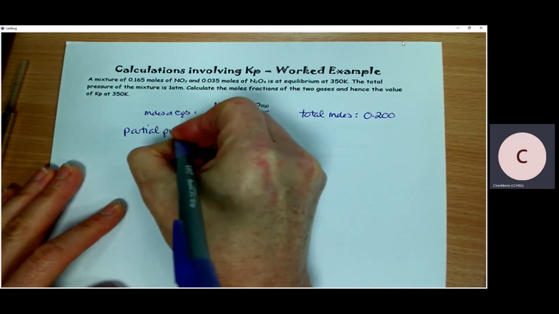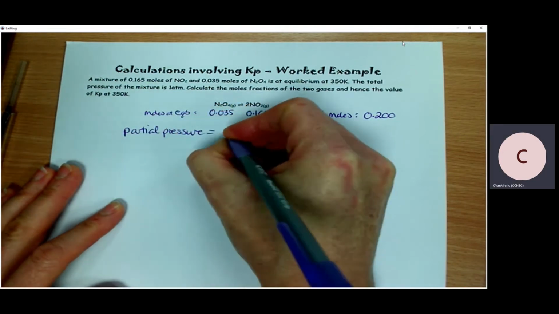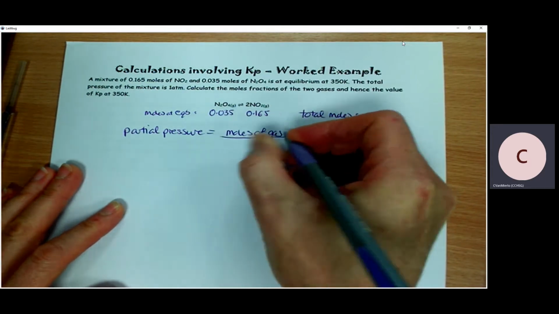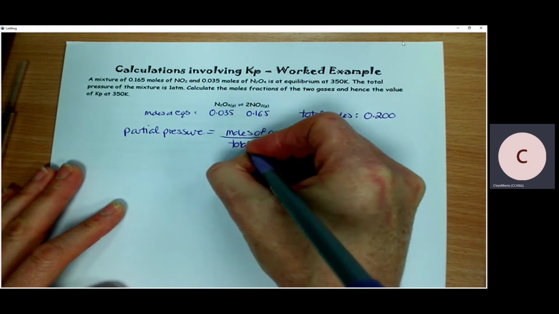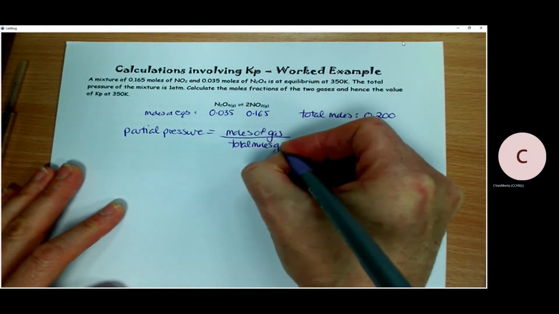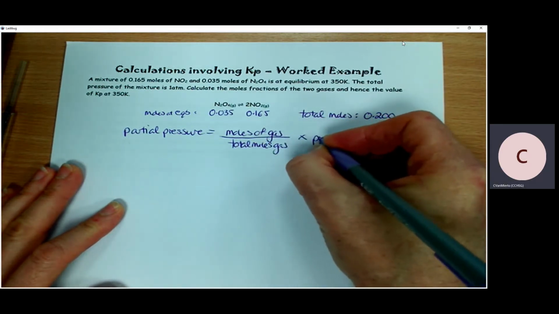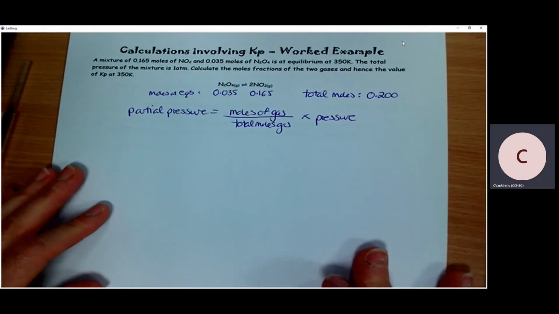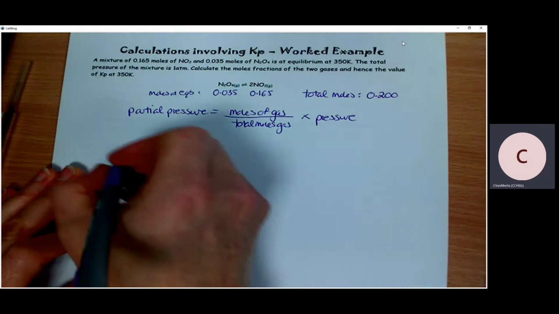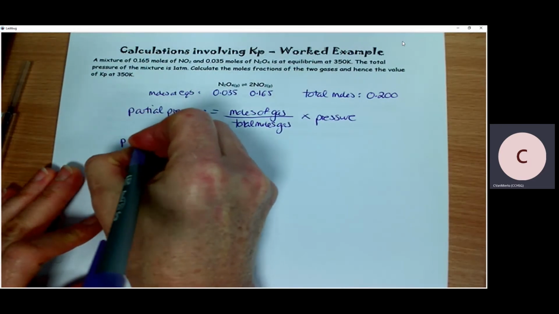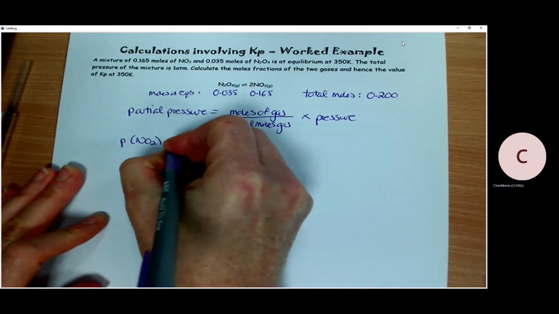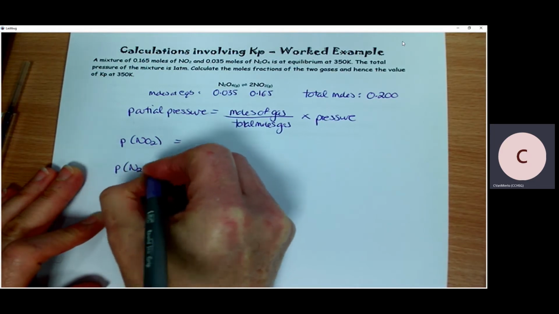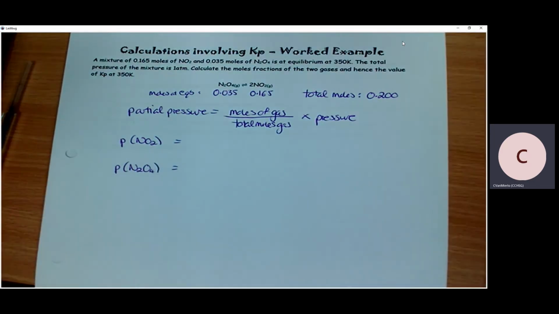So partial pressure is going to be equal to the moles of the gas you're interested in divided by the total moles of gas times by the overall pressure. And then we can go through and work that out for the two different gases we've got. So we've got partial pressure of NO2 and we've got the partial pressure of our N2O4. So can you work out your two different partial pressures, please?